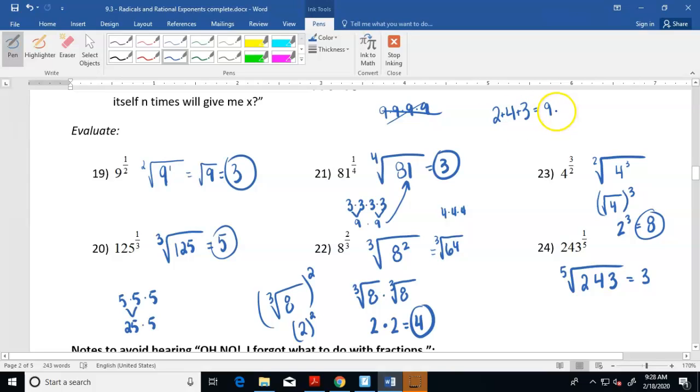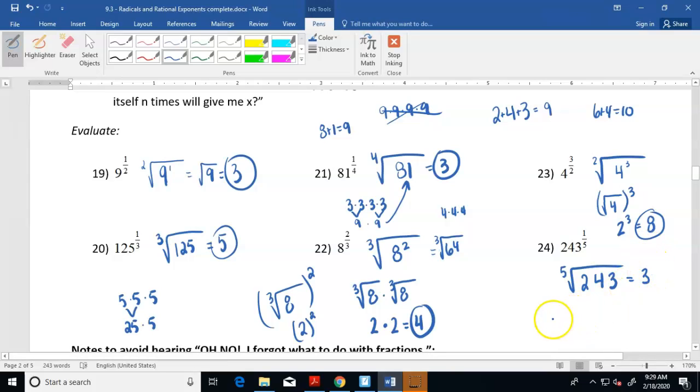So, for example, for 81, 8 plus 1 equals 9. 9 is divisible by 3, so that number is divisible by 3. For example, 64, if I don't know the cube root of 64, 6 plus 4 is 10. 10 is not divisible by 3, so I know 3 won't be the answer for that one. It doesn't necessarily mean 3 is the answer, but it does help you rule some of them out.